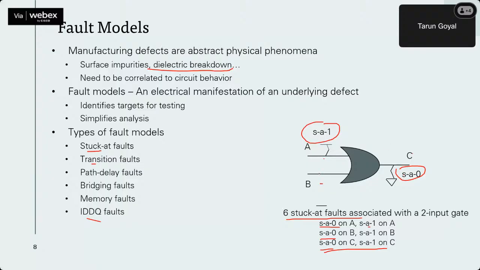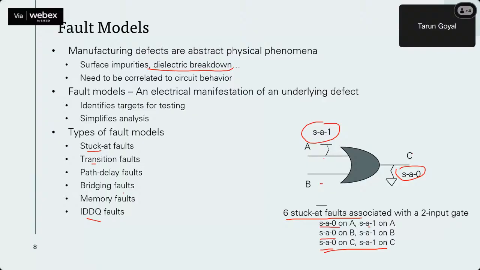Okay, so we will cover how we are detecting them. So these are the stuck-at fault, transition fault, path delay. We will have a circuit in the next slide, so we'll see how the delays of those gates accumulate and how we will detect them. Then there are bridging faults also, which arise when we are going to single digit tech nodes.